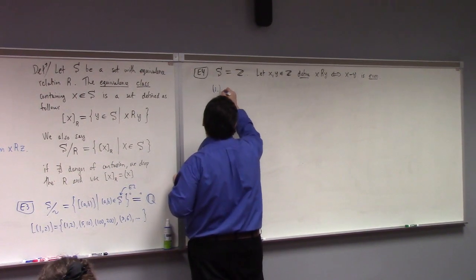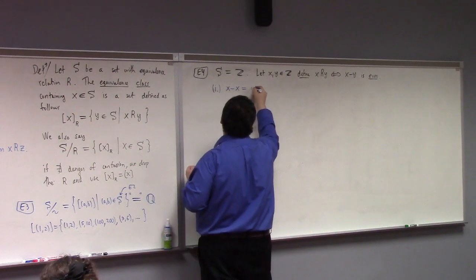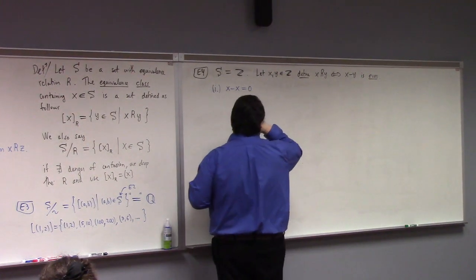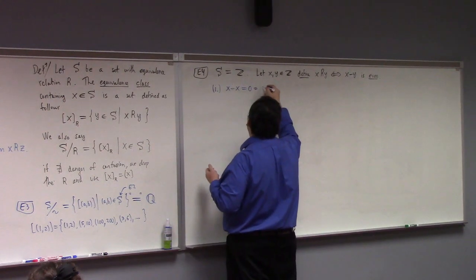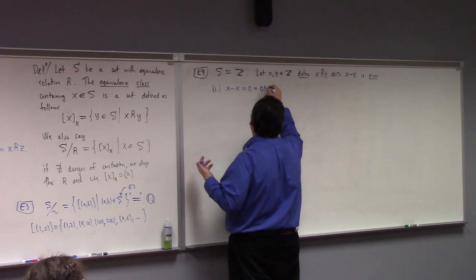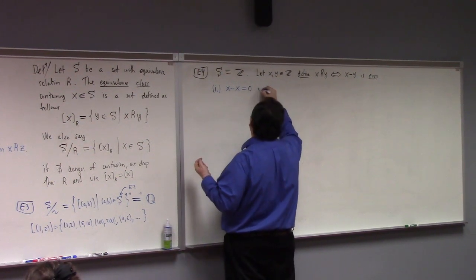So number 1, x minus x is equal to 0, which is even, because that's 0 times 2. Let me just say 0 is even.